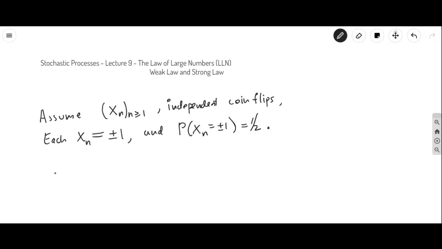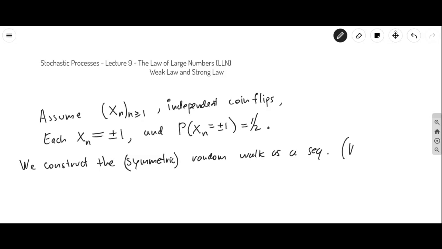And then we define, and then we construct, the symmetric random walk as a sequence Wn. The sequence will begin at time 0 with W0 being equal to 0.